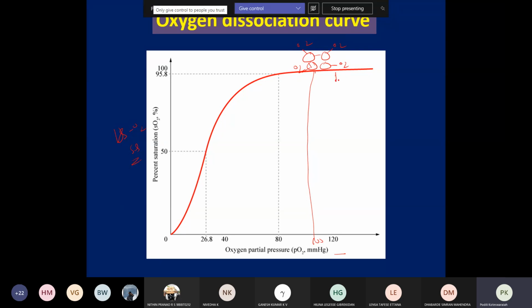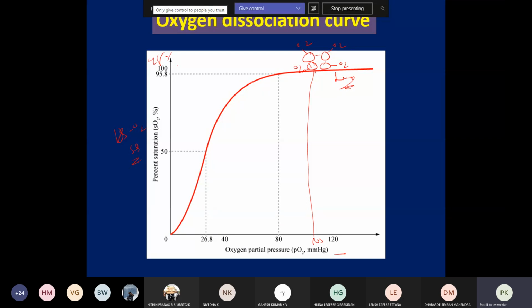Because of the high partial pressure of oxygen, the hemoglobin is fully saturated, about 98 to 100 percent, meaning all the hemoglobin molecules are loaded with oxygen, each hemoglobin molecule carrying four oxygen molecules.